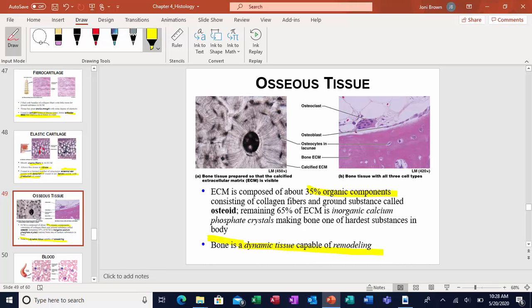And then it's 65% inorganic, and that's your calcium. So it's one of the hardest substances in your body. And when we talk about chapter 6 and 7, we'll look more at bone tissue. I always think it looks like a tree that's been cut down and the rings of the tree.